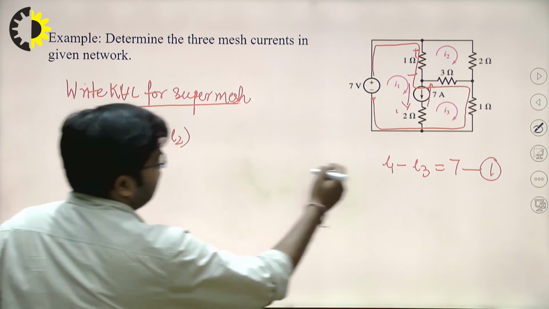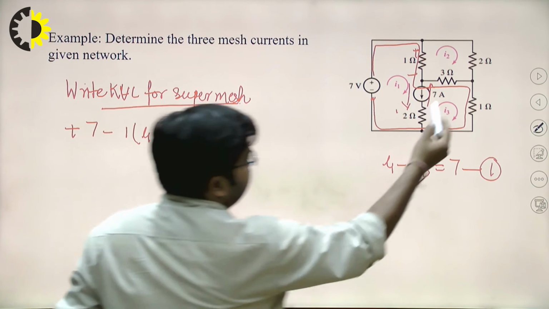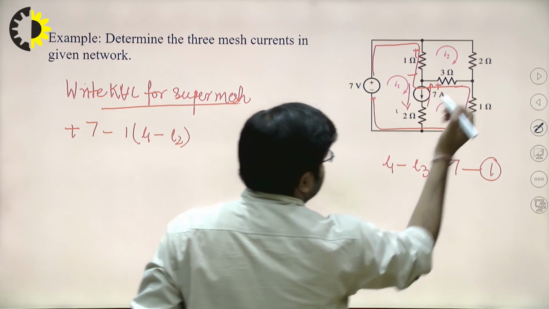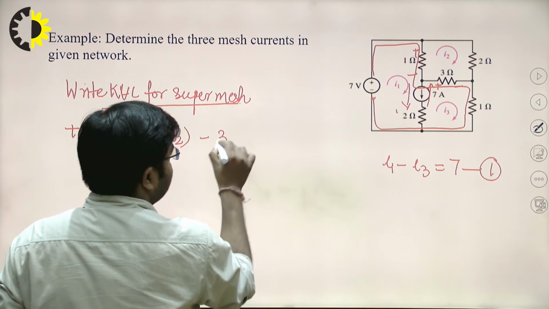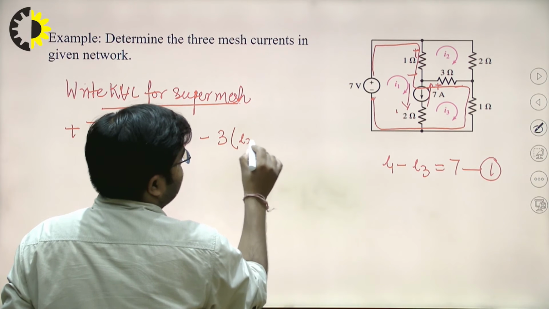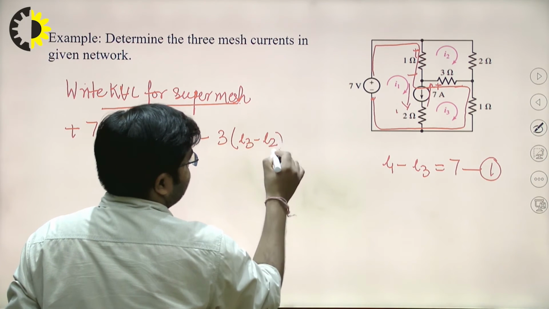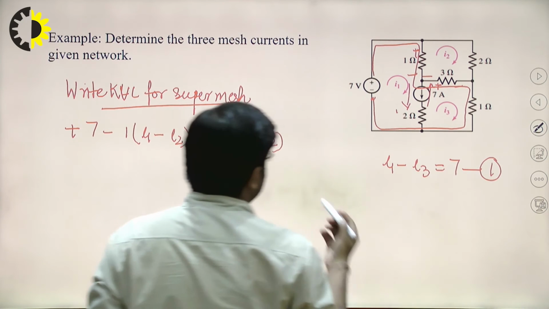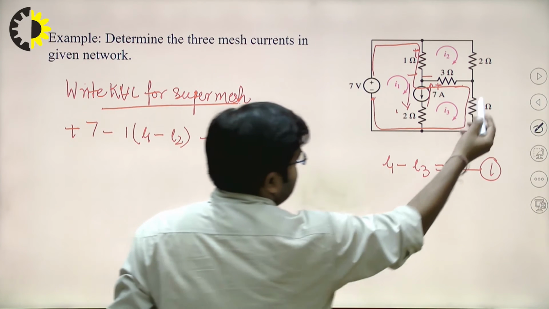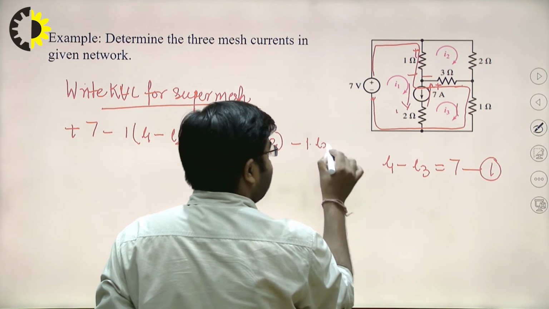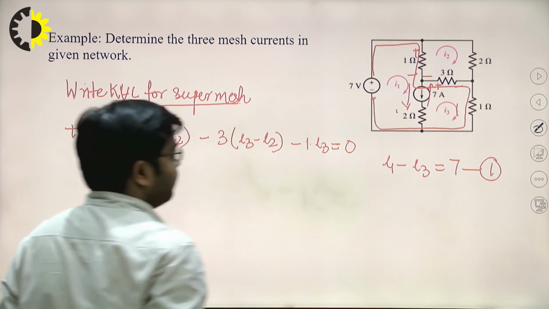Then write the voltage drop across this resistance. So plus 2 minus, so minus 3 times (I3 minus I2), because the I3 current is flowing in this direction and I2 in this direction. Then write the voltage drop across this resistance. So minus 1 into I3 is equal to 0.